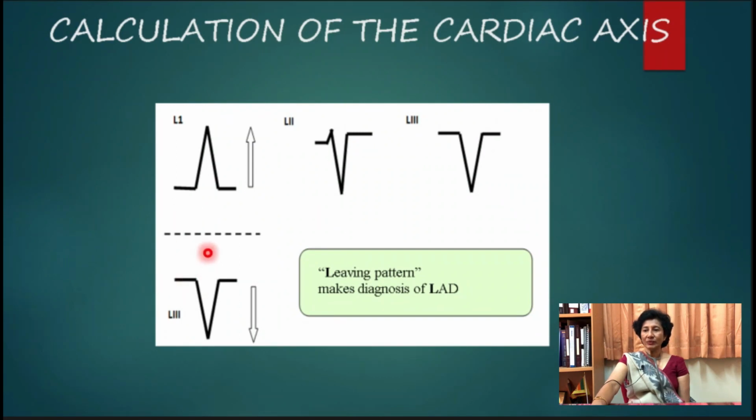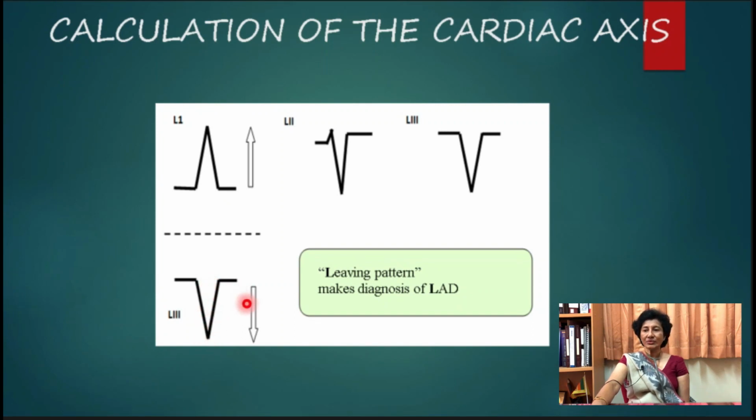In lead 1 you can see positive polarity and in lead 3 you can see negative polarity. In lead 1 therefore the QRS vector is upwards. In lead 3 the QRS vector is downwards.